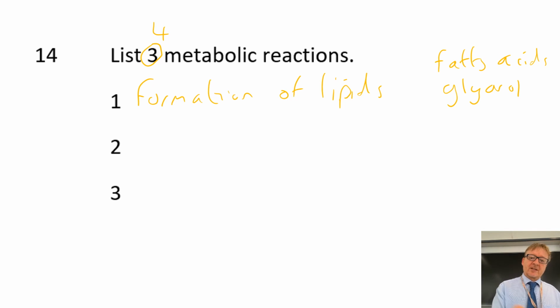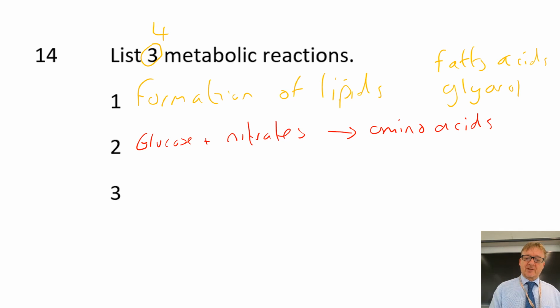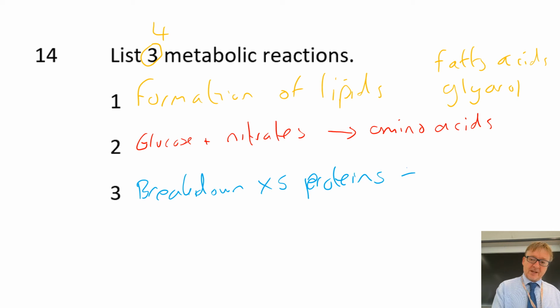The second metabolic reaction is glucose and nitrates make amino acids, which is the fundamentals of your proteins. The third metabolic reaction is breakdown of excess protein, how lazy is that, to make urea.